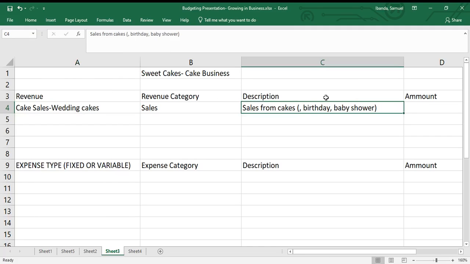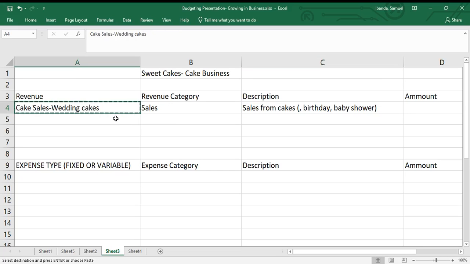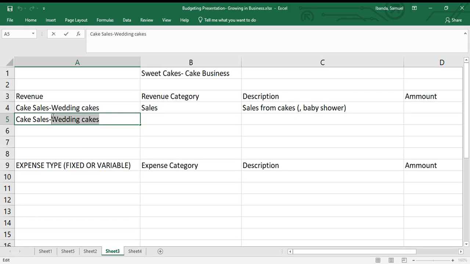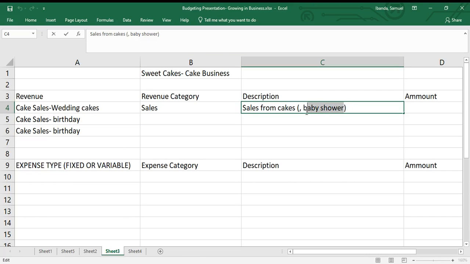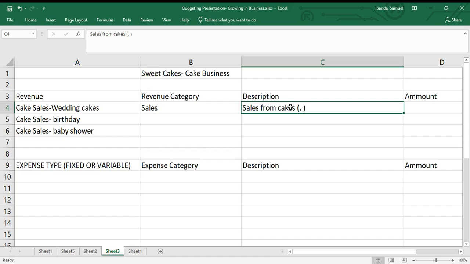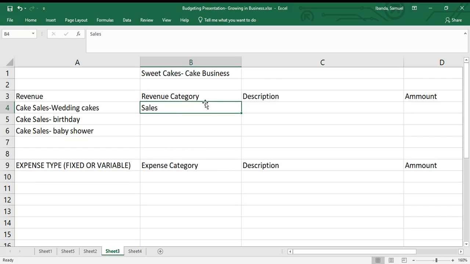Then we can also have something for birthday. We can distribute these, since it's a single business here. This could be birthday cakes, and this could be cakes for baby showers. Okay, like that.